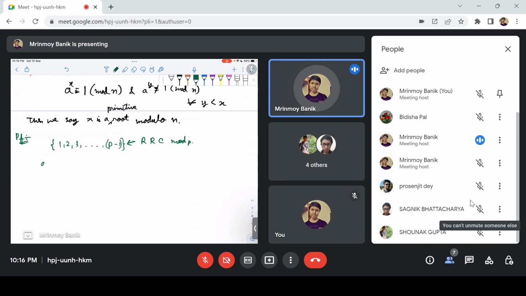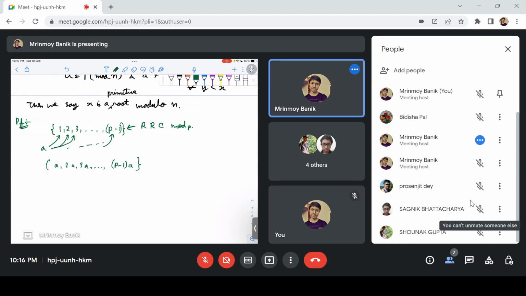Now let's say you multiply a with each of them. So you get the new set a, 2a, 3a up till p minus 1 times a. My claim is that this is that same set, the reduced residue class, under modulo p, when each one of them is divided by p and exchanged with the remainder.